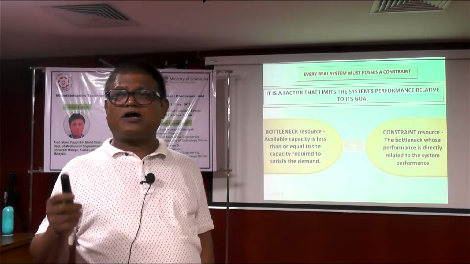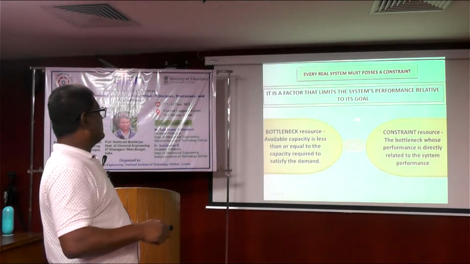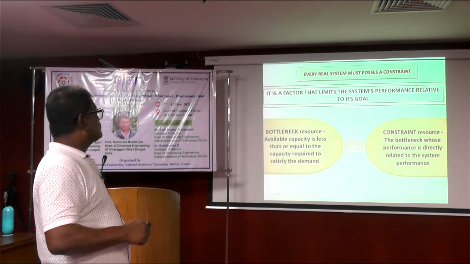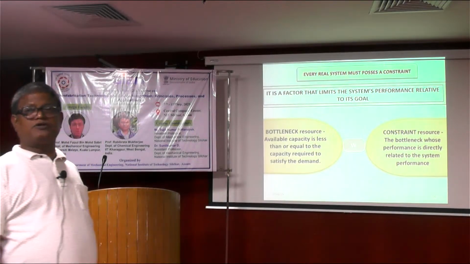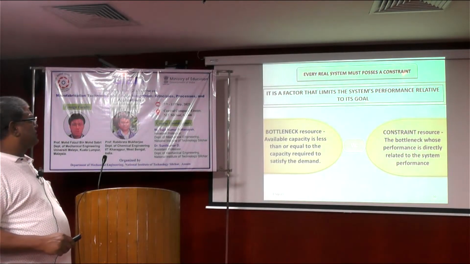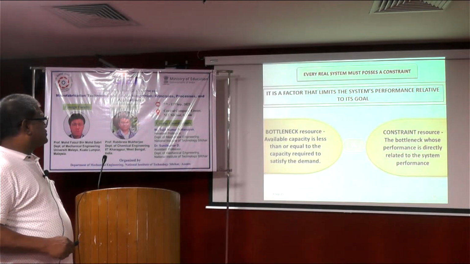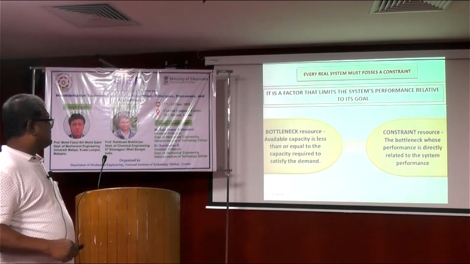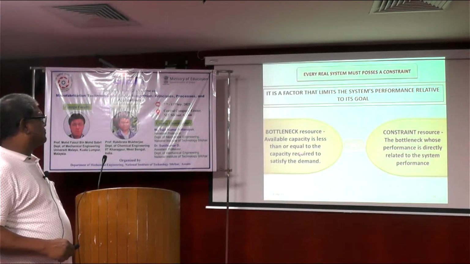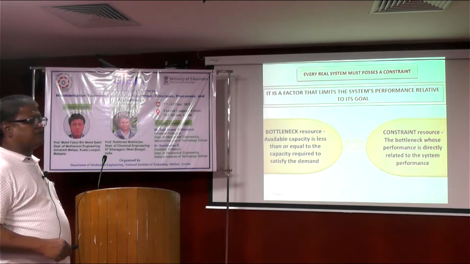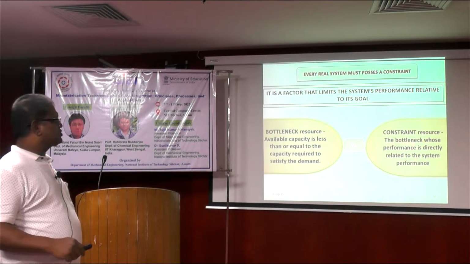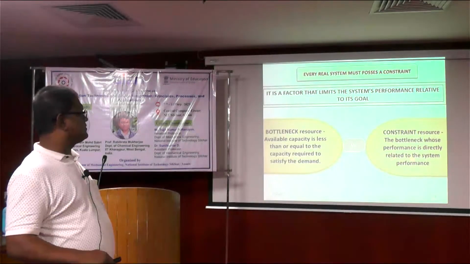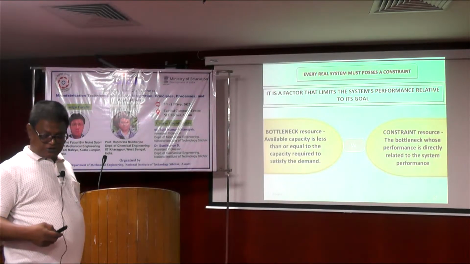Okay, every organization wants to make money, it is their goal. So the factor that limits the system performance relative to its goal is known as your constraint. Now, bottleneck: resource available capacity is less than or equal to the capacity required to satisfy the demand. That means capacity is less than the demand. Constraint: the bottleneck whose performance is directly related to the system performance.